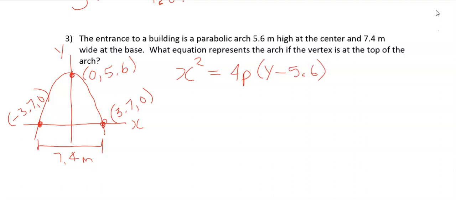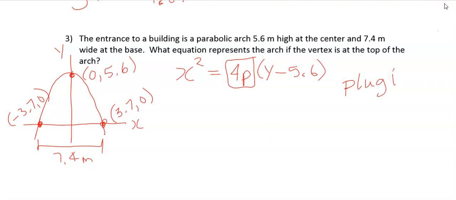I'll leave this one for you to finish. There is what your equation starts like. That's definitely the form of it. Now, notice I didn't put a negative in front of the 4p. I don't really need to because when you work out 4p, it's going to become negative anyway. Can you see a point on that parabola that you should plug in here?